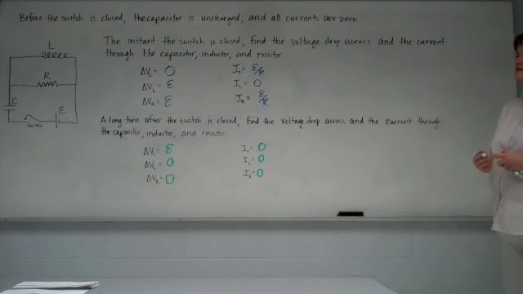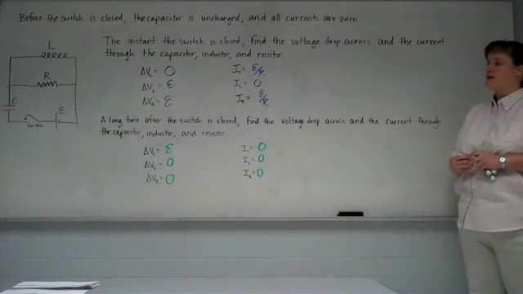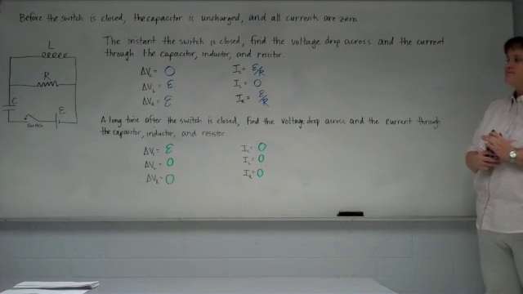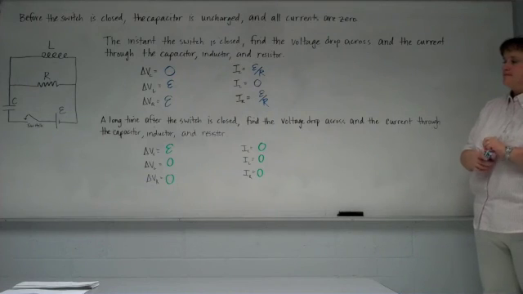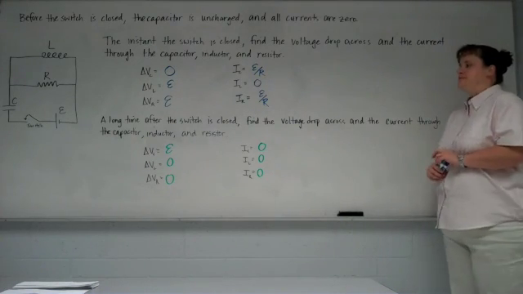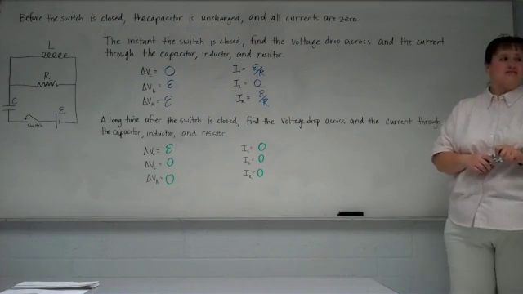So the capacitor ends up completely charged, it has the whole battery voltage, and it stops current from flowing in this circuit. Call that an open circuit. It's as if you had opened the switch. Questions? You good?